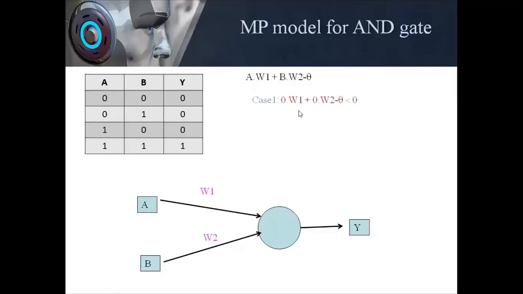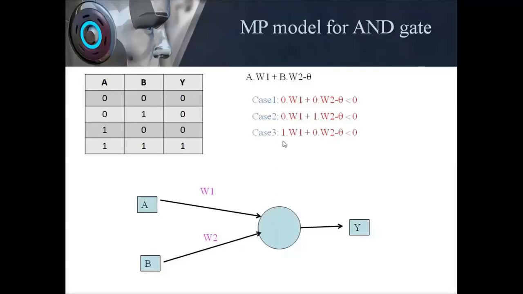So my first case is when both my inputs are 0, I should have a value coming out which is less than 0. Corresponding to the second row in my truth table, I desire that if my second input B is 1, then also my weights and thresholds will be such that my output is going to be 0.